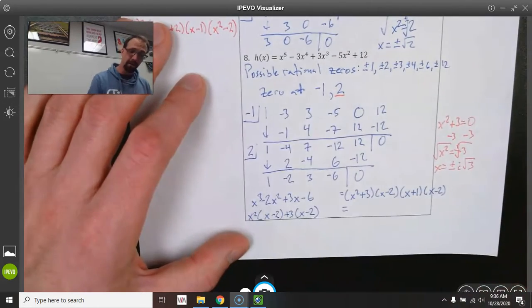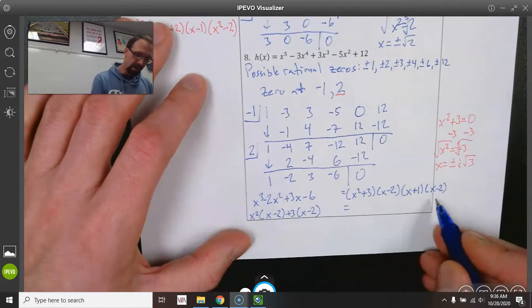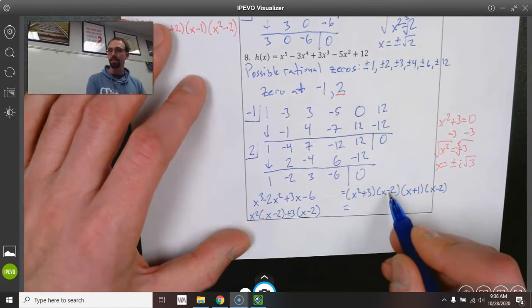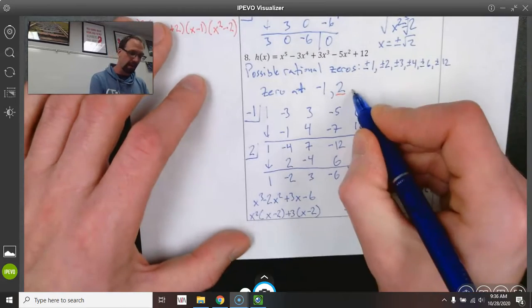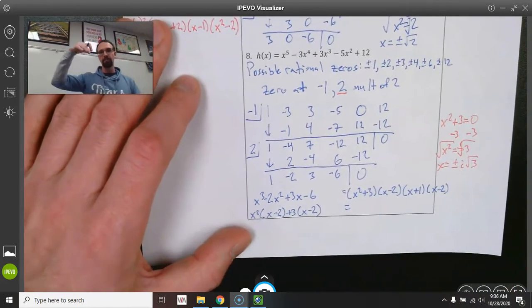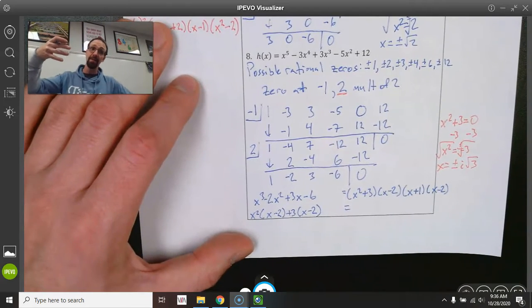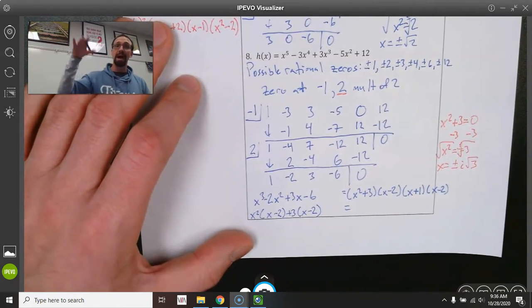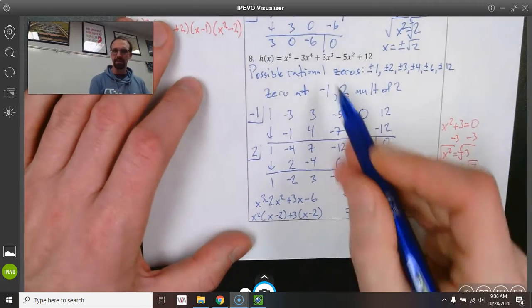So that's another one of my zeros. And then also I had a multiplicity of 2 because I had this x minus 2 twice. And that's why you saw it bounce on the graph. When you have an even multiplicity, whether it's 2, 4, 6, 8, whatever, you will see it bounce on the graph. And that's why we had some issues with that earlier.